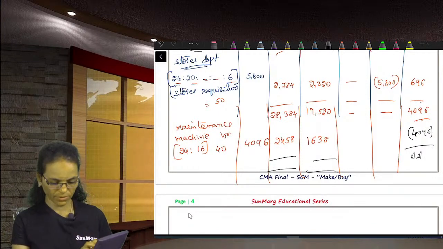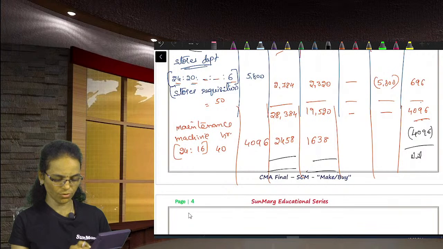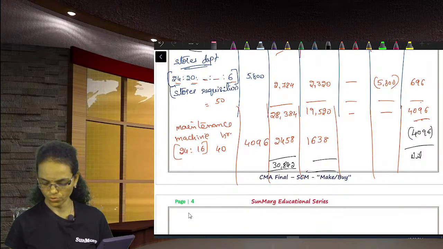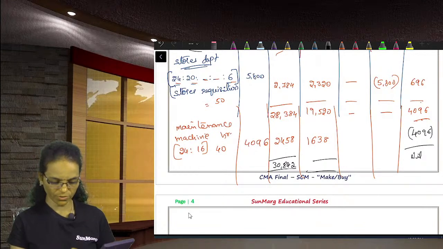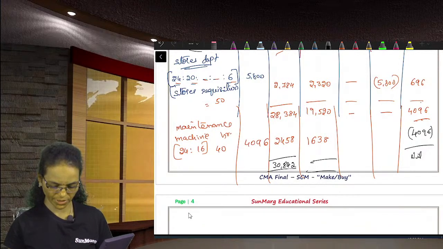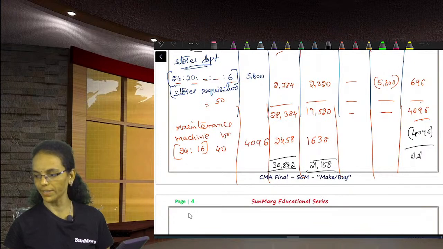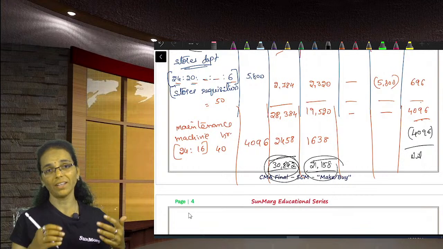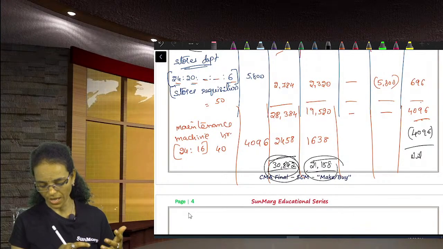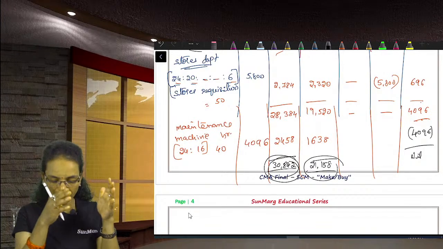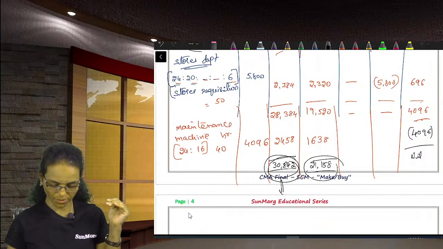So here 28,384 plus 2,458 is 30,842. 19,520 plus 1,638 is 21,158. So as discussed in the initial class, the service department expenditure we have allocated successfully to production departments.